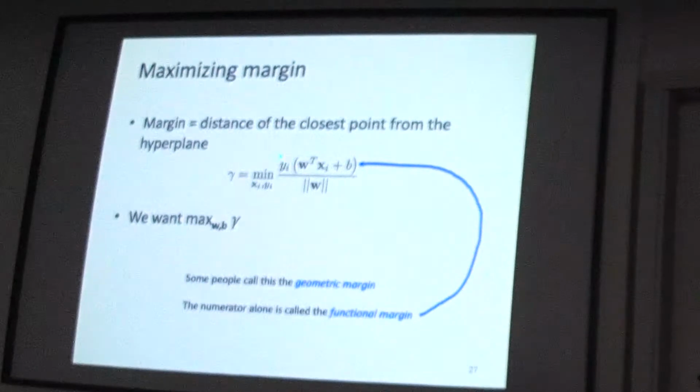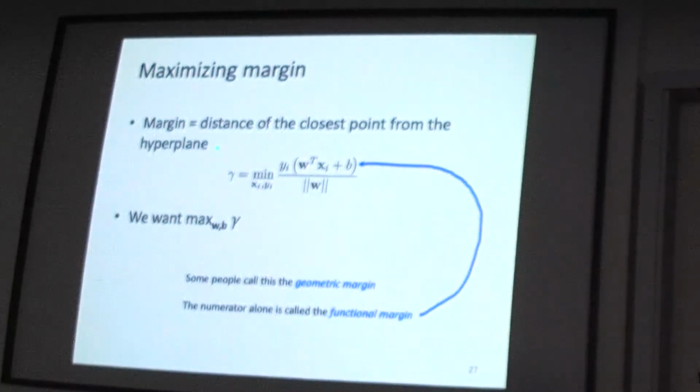This original distance is called the geometric margin, because in geometry, we know that it is the distance between this point and the boundary. But if you look at the numerator only, this product yi times the score is usually referred to as the functional margin. So we will use the functional margin intensively when we talk about the formulation of the SVM objective.